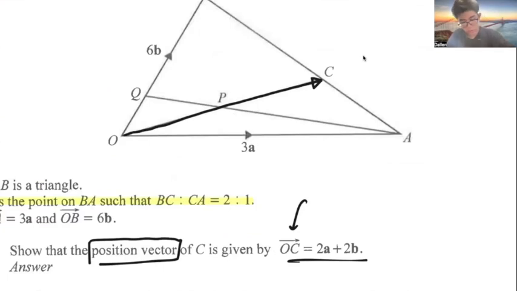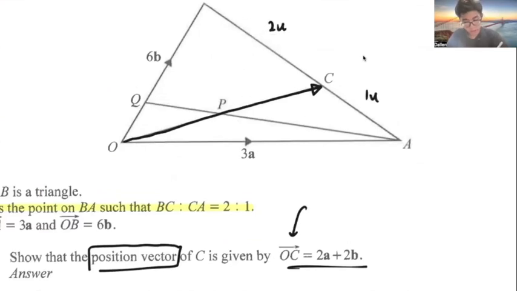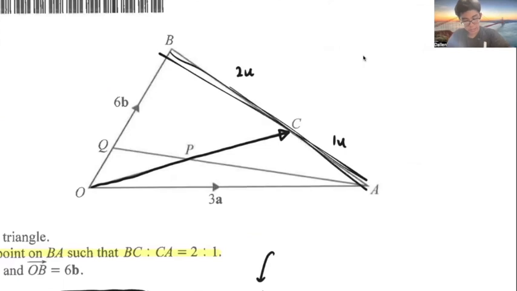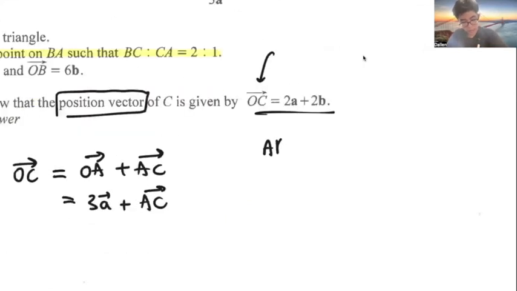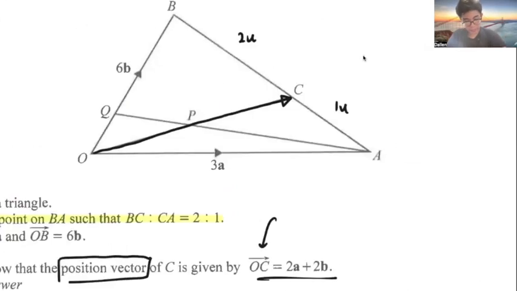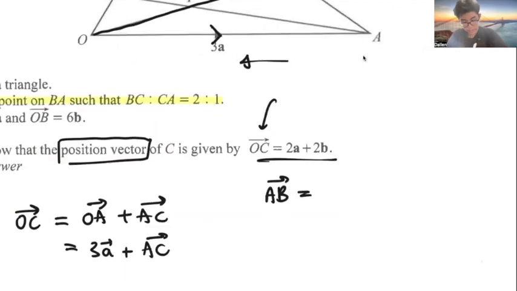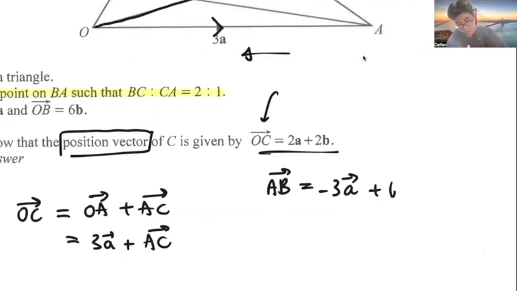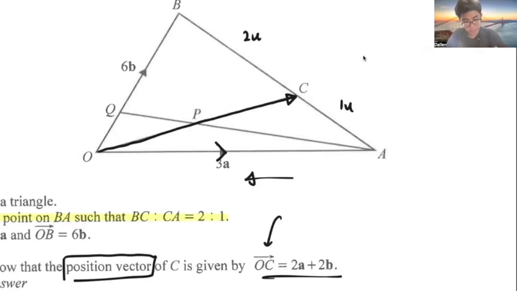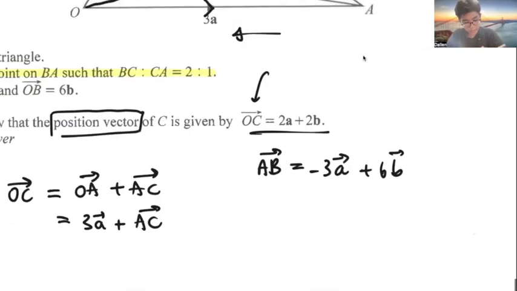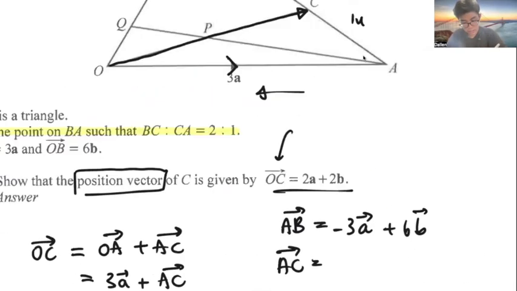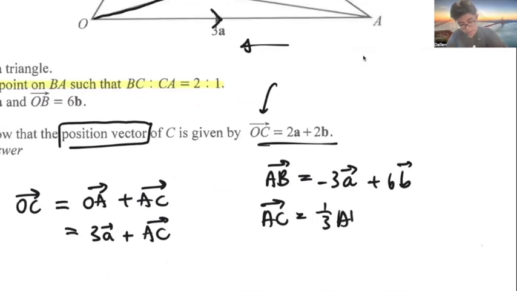So what do we do? We find a value for AB. We know AB because AB is just minus 3A plus 6B, right? Why minus? Because this is 3A, so we're going this way now. So AB is minus 3A plus 6B, and AC, therefore, is 1/3 of AB, correct?